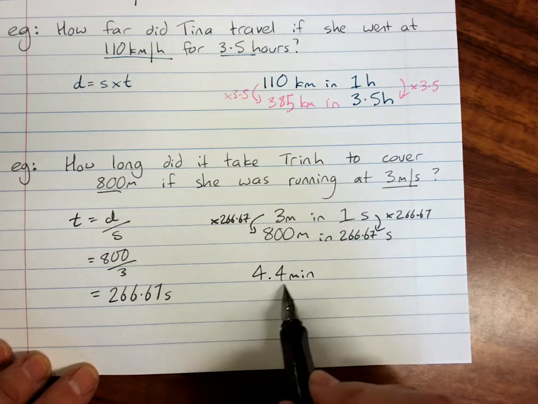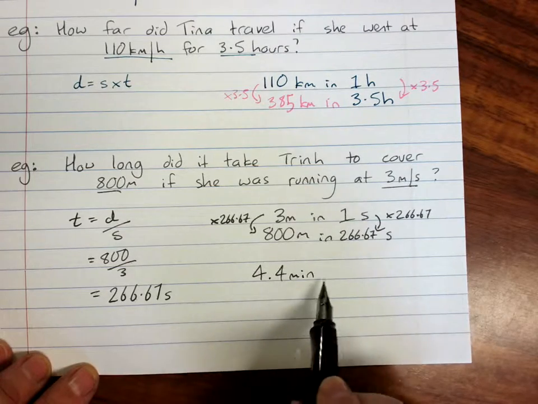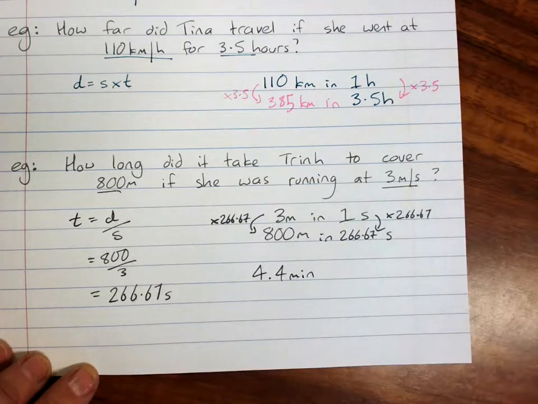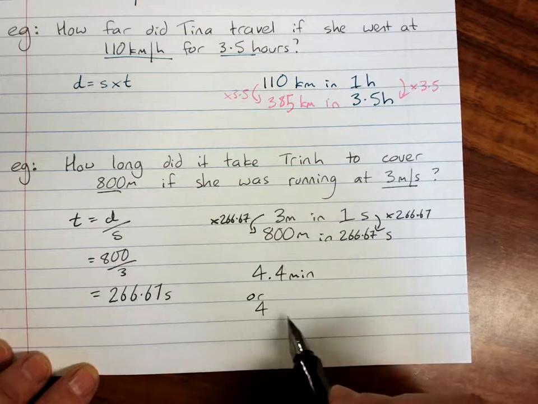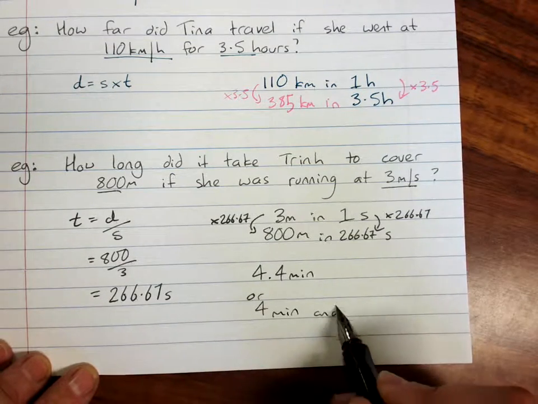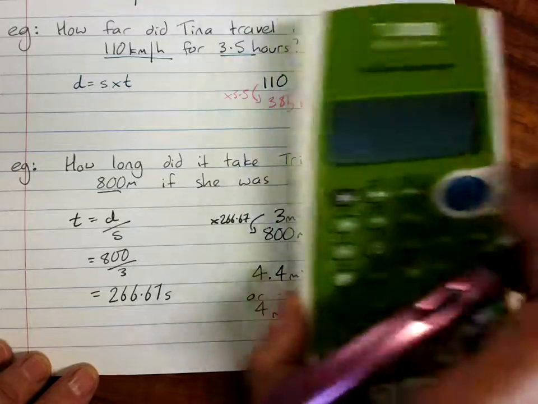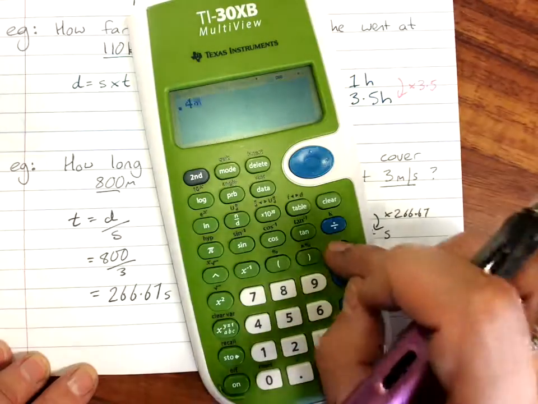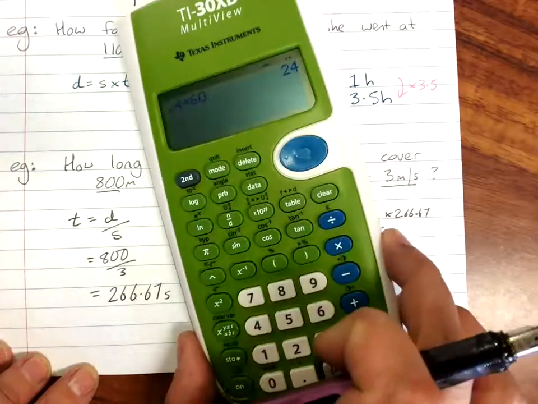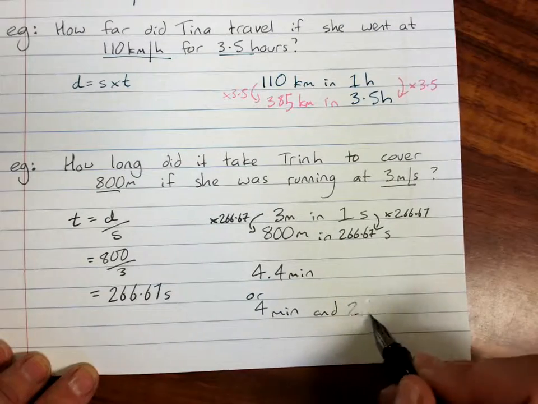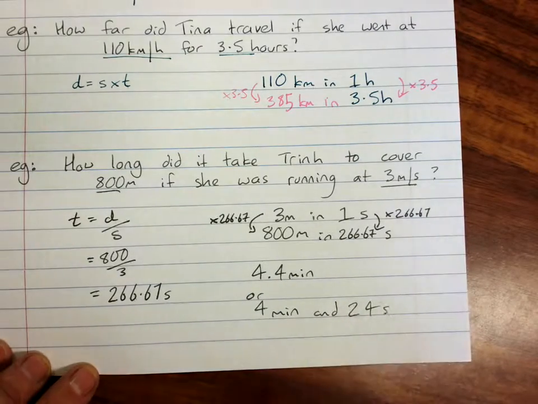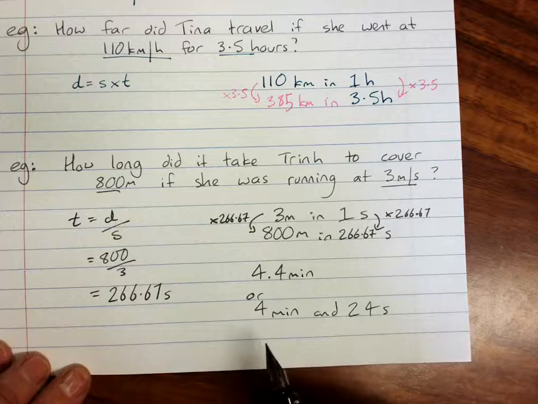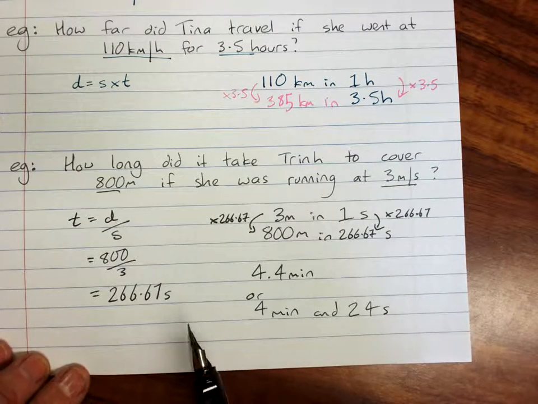And if I wanted to change that 0.4 minutes back to seconds, I could just take that out and times it. So I could say 4 minutes, and this 0.4 minutes back times by 60, that's 24 seconds. So you've got a couple of different ways to put your answer there, depending on which is most sensible.